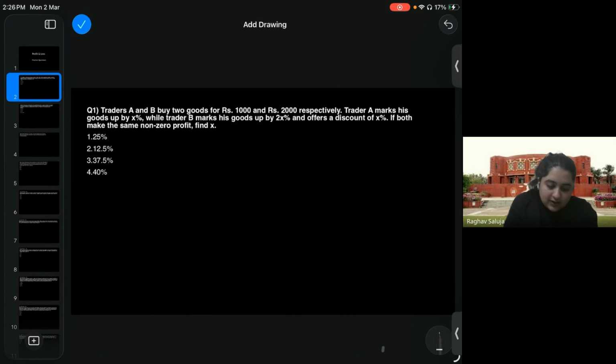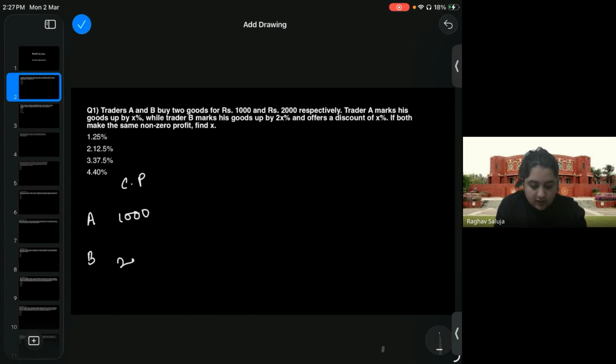So what is given? That there are two traders A and B and their cost prices are given, 1000 and 2000 rupees respectively. Trader A marks his goods up by X percentage, that is the marked price increases by X percentage.